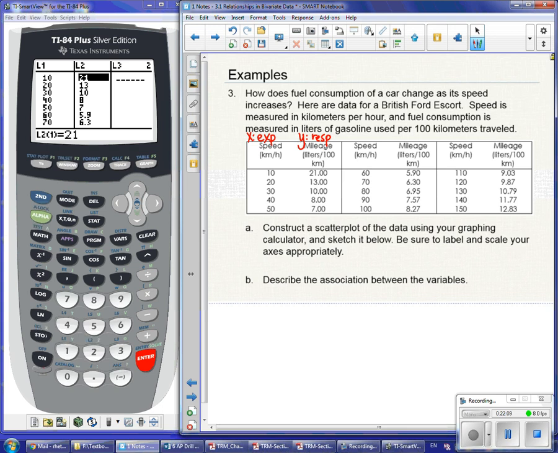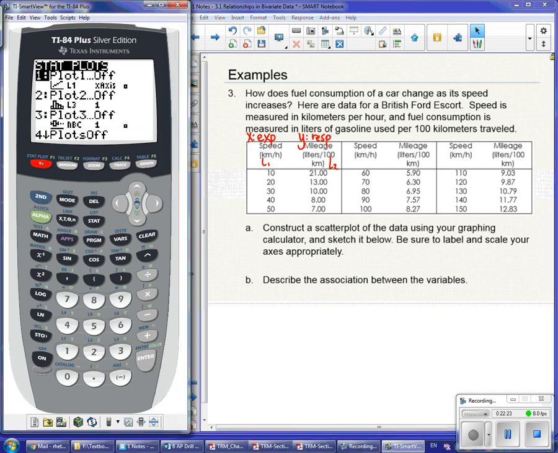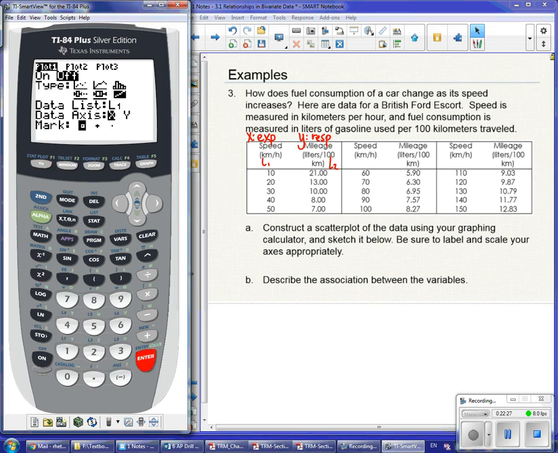Notice that I broke the table up into 3 sections just to save space on the paper, but you want to make sure that you enter all of your speeds in list 1 and all of your mileages in list 2. When you're constructing a scatter plot, we go back up to our stat plot menu. It doesn't matter what plot you work in. I'm going to continue working in plot 1.